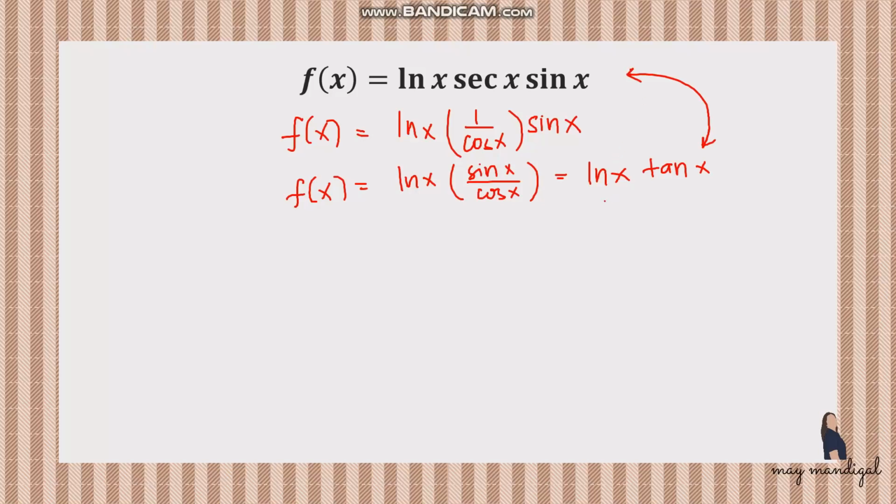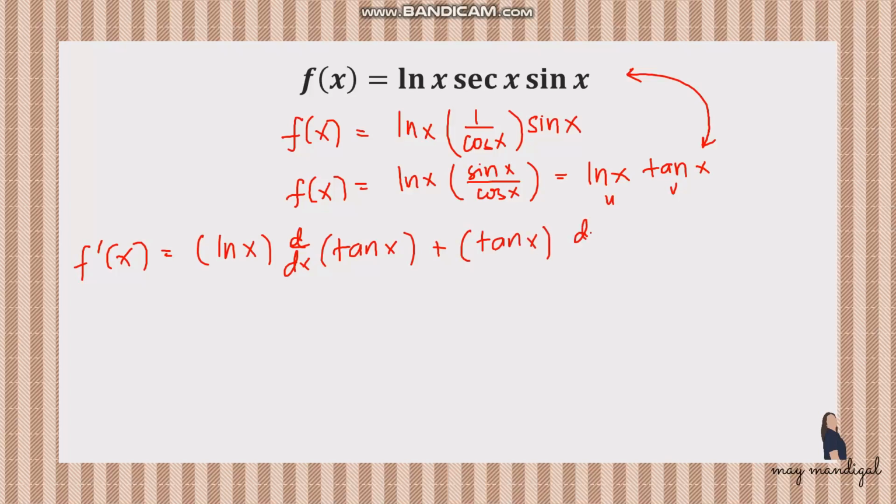So here, we can now apply again the product rule, but this time it will be simpler. So f prime of x is equal to u dv plus v du.